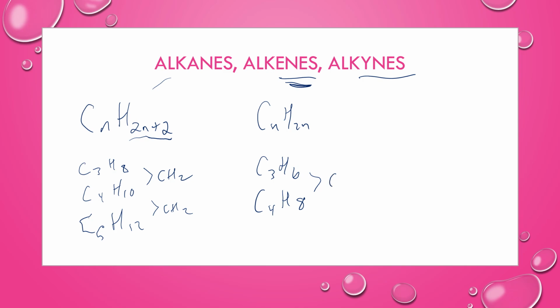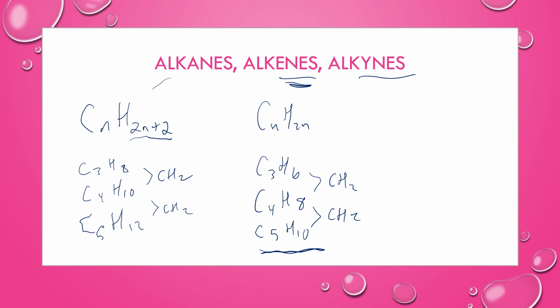The difference is still that CH2. You're still adding a CH2 group because it's only one double bond in the series. And then the next one would be C5H10, again for just one double bond. You're adding an additional CH2 for that chain. This could be any of the pentenes, pent-1-ene, pent-2-ene, pent-3-ene.